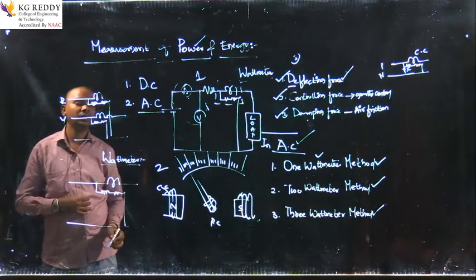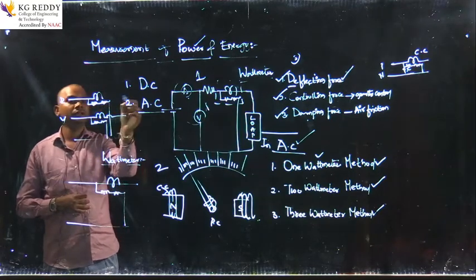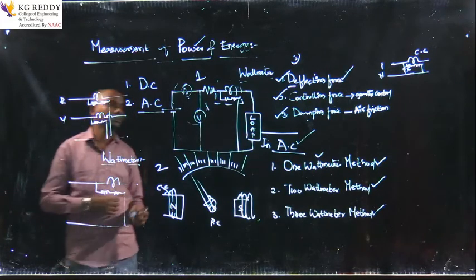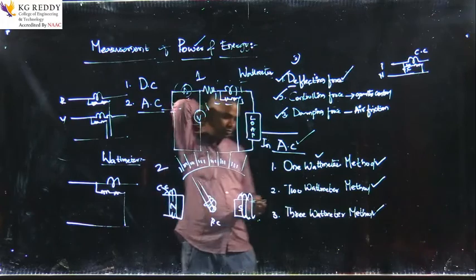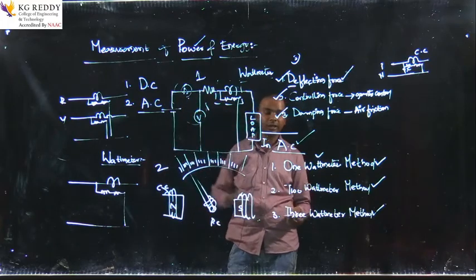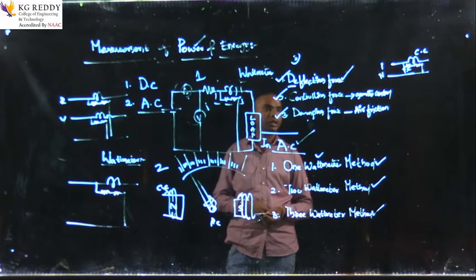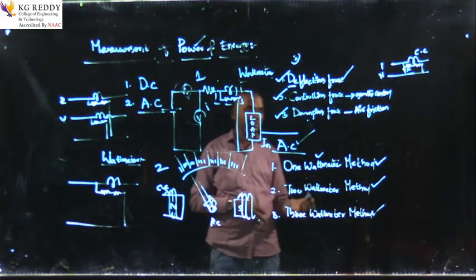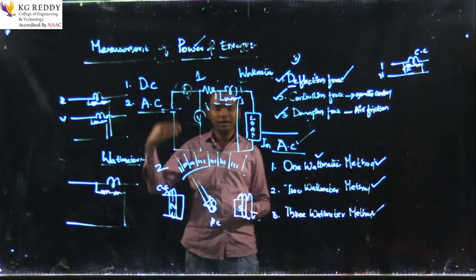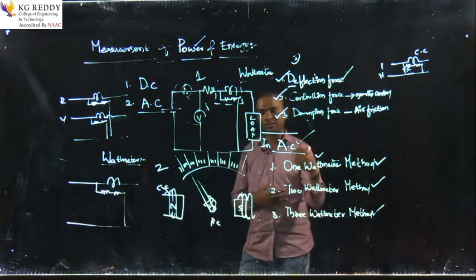In this way, by connecting 2 wattmeters, we measure the power in that particular circuit. Next is the 3 wattmeter method, with another phase, where we adjust the wattmeter.